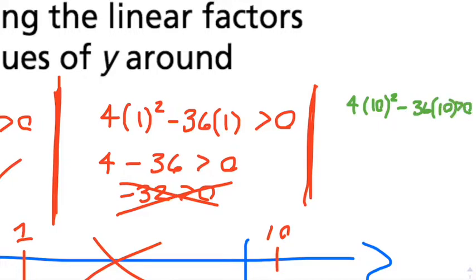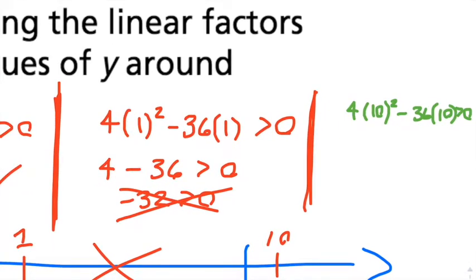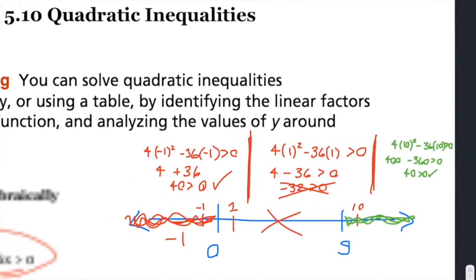And is that greater than 0? Kind of running out of room there. Okay, 10 squared is 100, so 4 times that will be 400. And then this will be minus 360 at the end. And then we've got to see, is that greater than 0? Well, that's 40, and 40 definitely is greater than 0. So then we shade this region as well.